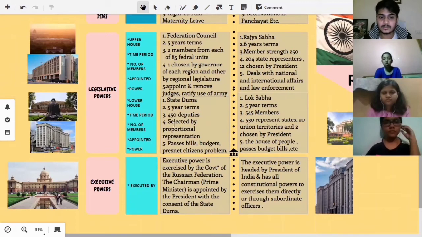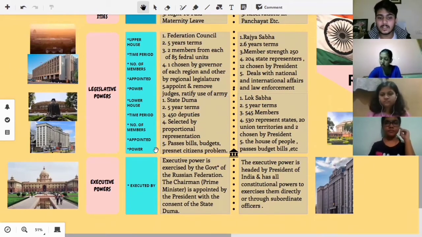In Russia, the State Duma deputies are selected by proportional representation, and in India, there are 535 representatives of the states and 20 union territories, and two chosen by the president. And now the powers of the State Duma.